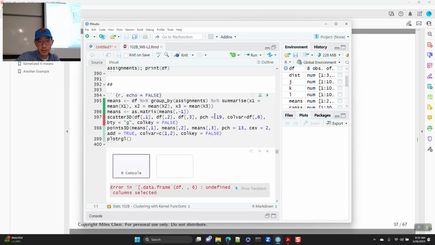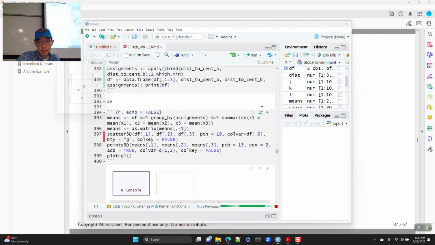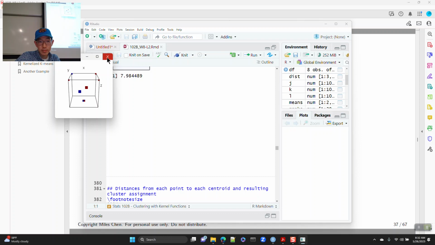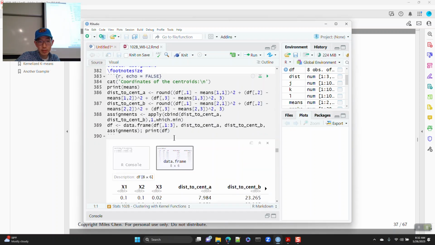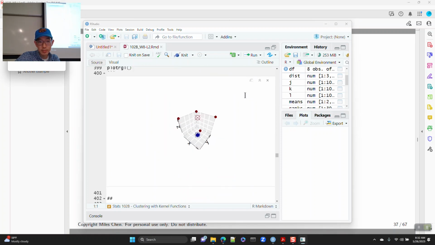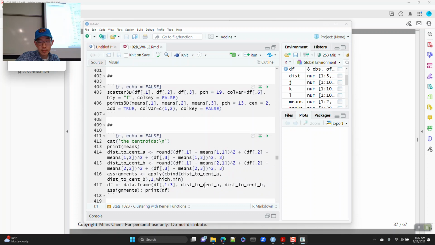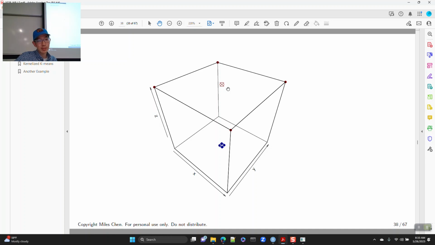Okay, well, I didn't create the projection, but imagine the surface of the box up here, and this is in the center of the surface of the box on the top. Okay, maybe that's easier to see.